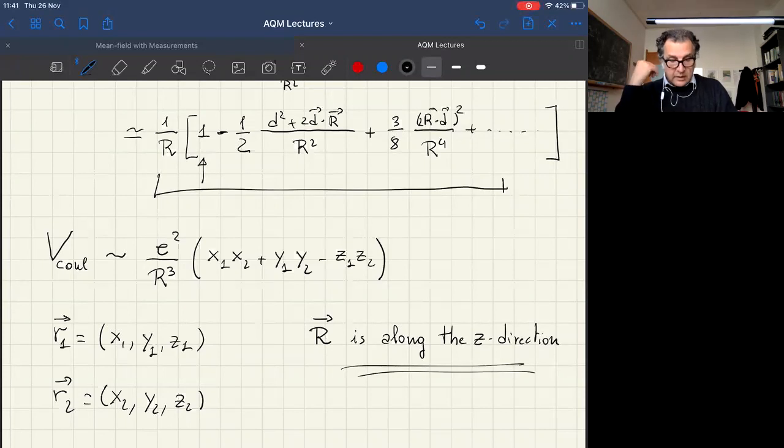So you know that the x1 or x2 that will give a contribution to the integral will always be confined to these small distances.